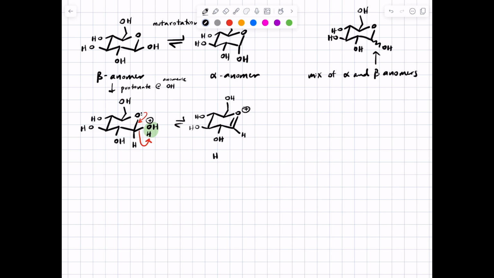And you can see now that if water were to attack this oxonium ion from the top face, we would go right back to this protonated beta anomer.